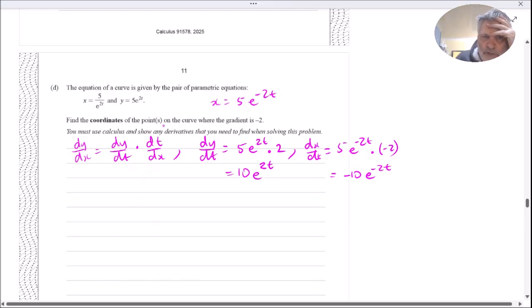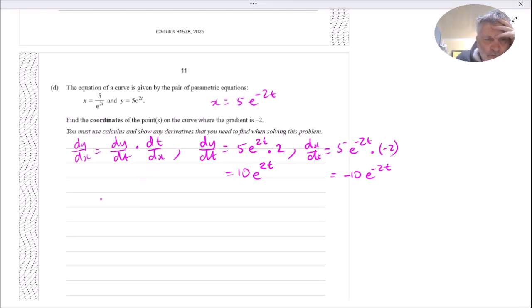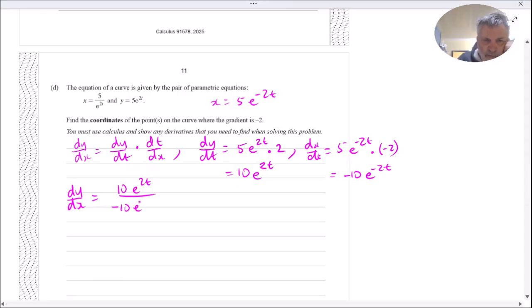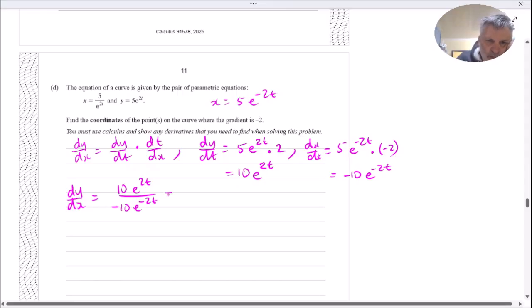Find the coordinates of the point on the curve where the gradient is negative 2. So we haven't quite got to the gradient. dy/dx is this one, 10e to the 2t over negative 10e to the minus 2t. And now these simplify, so we get a negative sign. 2t minus 2t, that's e to the 4t. That appears to be our gradient.